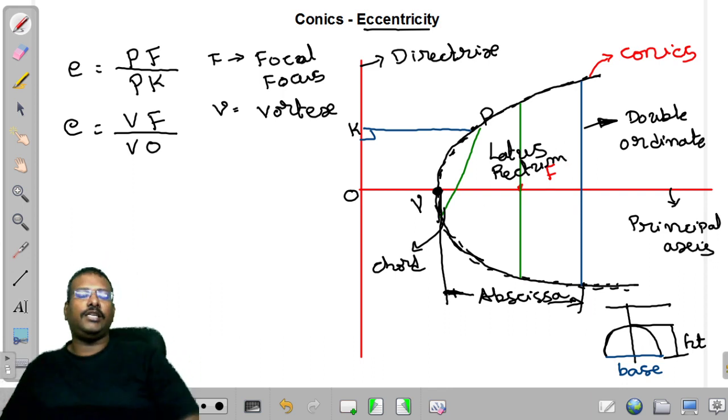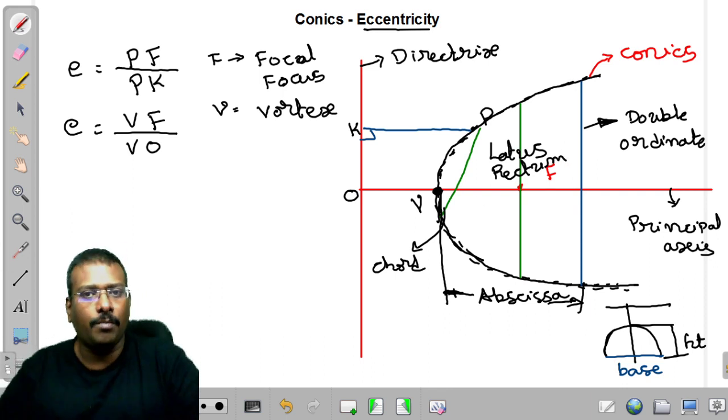So these are the terminologies we have to remember in case of conics whenever we are considering the eccentricity. So that is directrix, focal, conics, principal axis, double ordinate, abscissa, latus rectum. So these are the terminologies we have to come across.